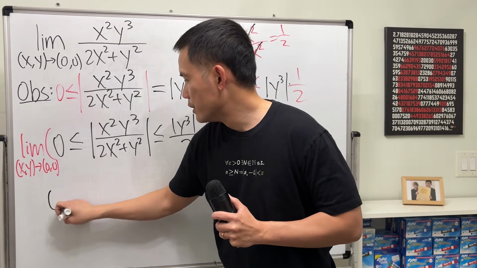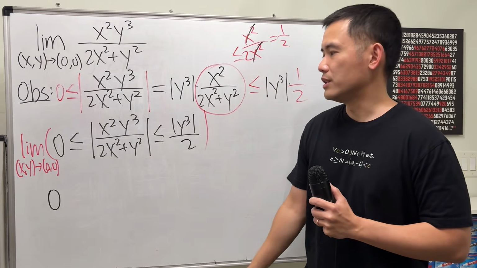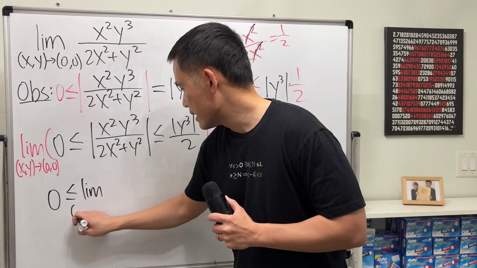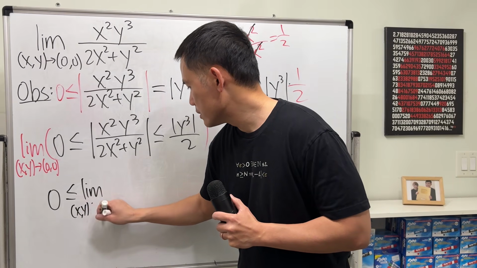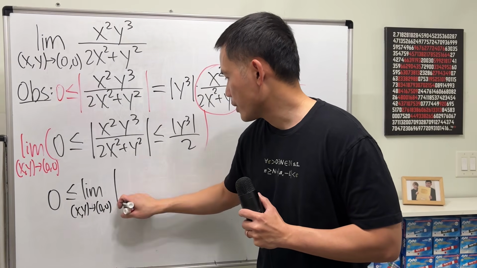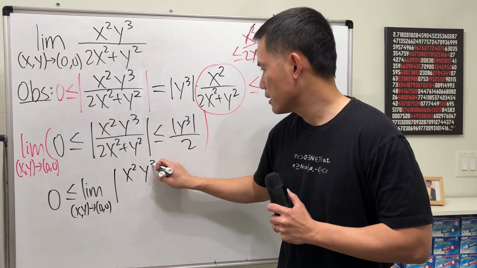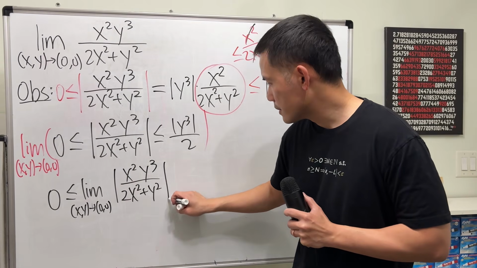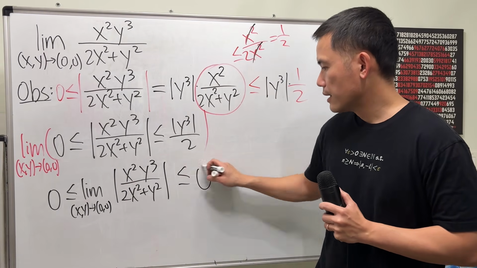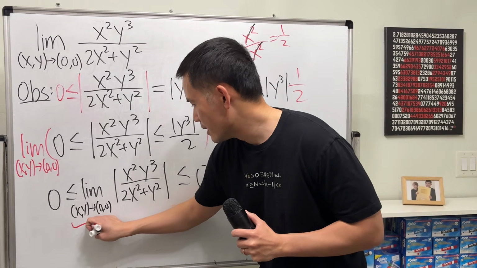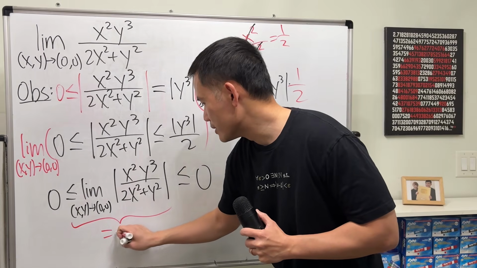This right here will give you 0, and this right here will also give you 0. And in the middle, we get the limit as (x, y) approaches (0, 0). And let me write this down. Okay, now you see that this thing right here has to be equal to 0 as well.